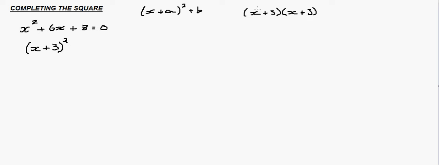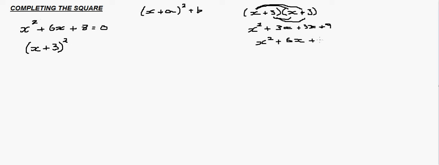Now if we multiply this out, x multiplied by x will give me x squared, x multiplied by 3 will give me 3x, 3 times x will give me 3x, and 3 times 3 will give me 9.